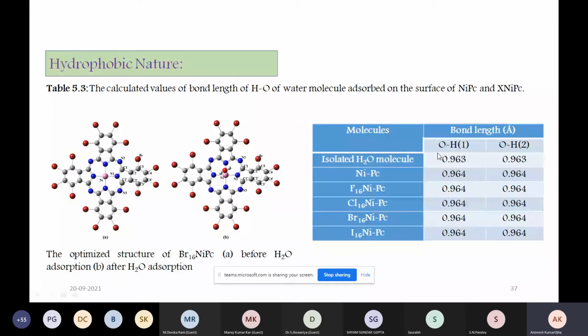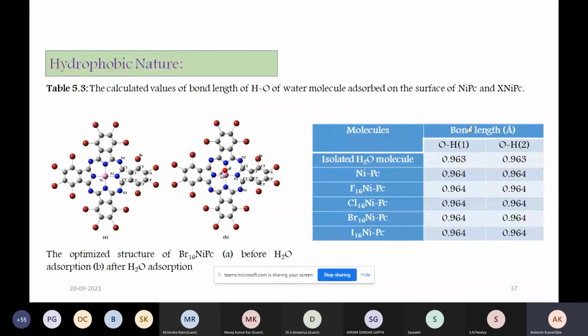But here there is no change in the OH bond length. This means that this particular system is not interacting at all, or has a very poor interaction affinity with the water molecule, and therefore it is well suited as an electron transport layer because it is hydrophobic in nature.